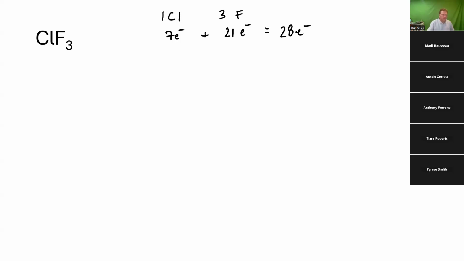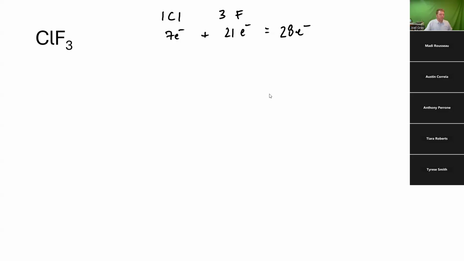Which is our central atom? I gave you a couple of guidelines. One guideline is typically the first element listed in the formula is going to be your central atom. Let's imagine that I said there's a molecule made up of 3 fluorines and 1 chlorine. Then you don't have that ClF3 to lean on, and instead you've got to figure out which do I list first?